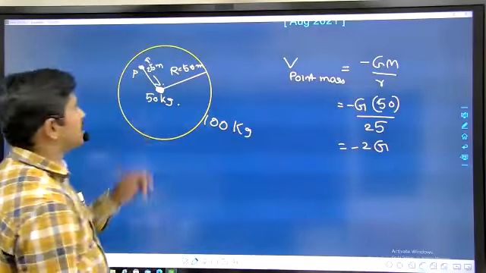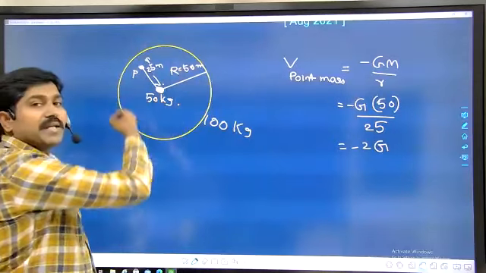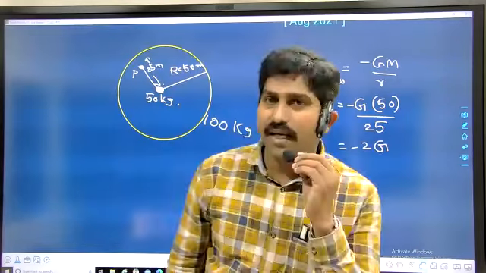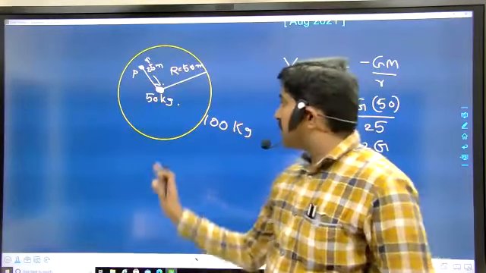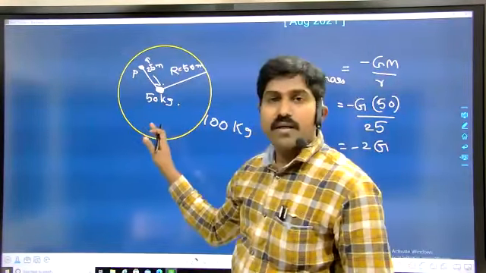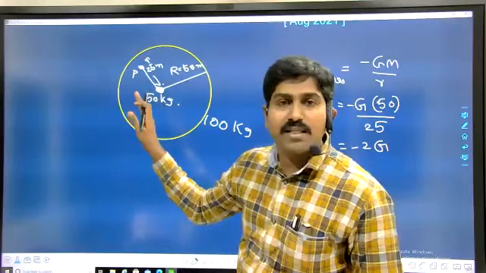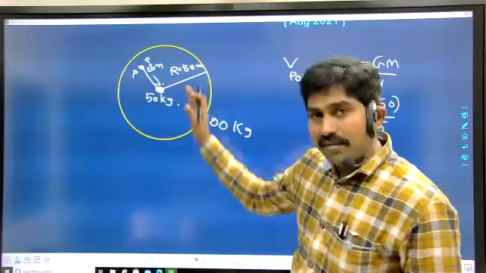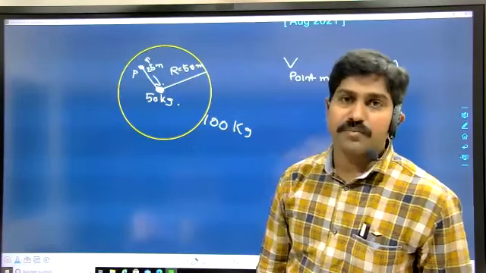But there is also a potential due to the spherical shell. Inside the spherical shell, we know, as I already explained in the previous classes, that the gravitational field intensity will be zero.